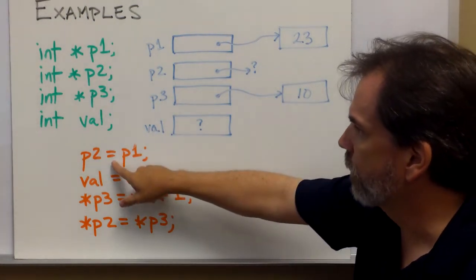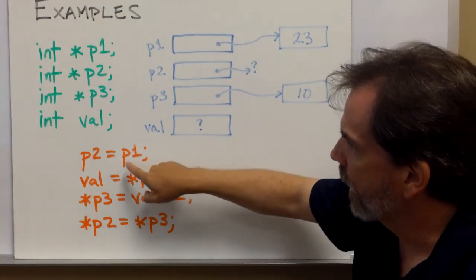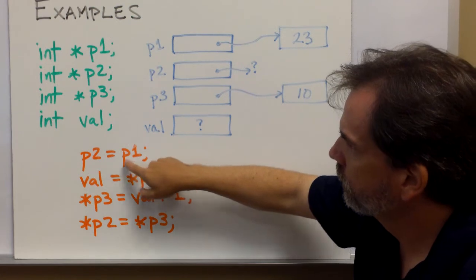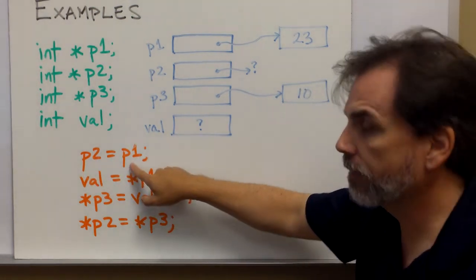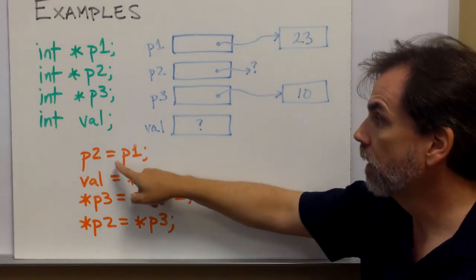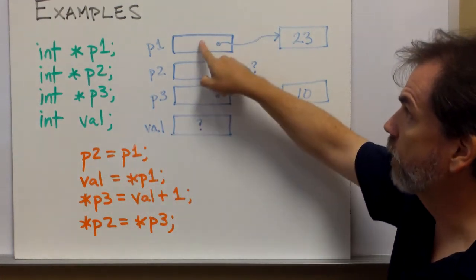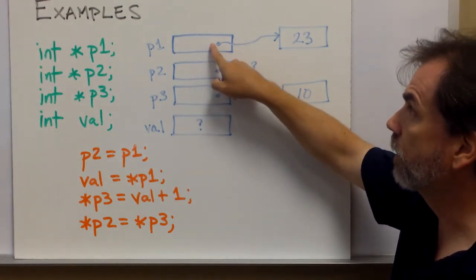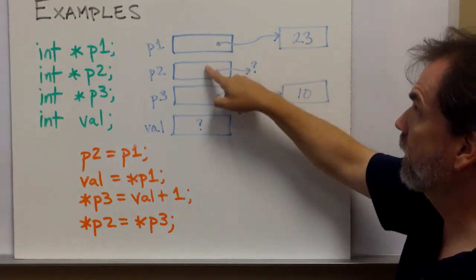So let's see what happens when we execute these statements. So here we're assigning p1 to the variable p2. And what does that mean? It means the same thing as any other assignment means. The value of p1 gets stored into the location for p2. Well, the value of p1 is a pointer. So we don't take 23 and put it in here.